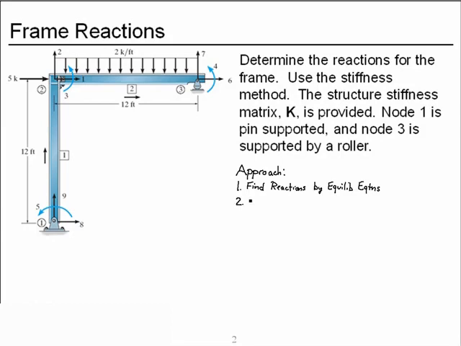Then for the stiffness method, we'll partition the structure stiffness matrix, which we already assembled in a previous example. We'll find fixed end forces.